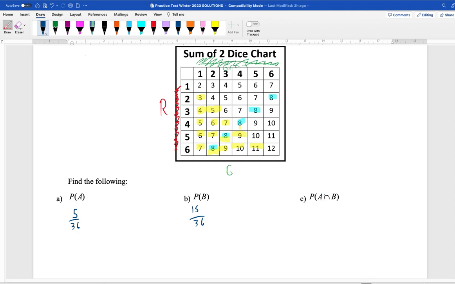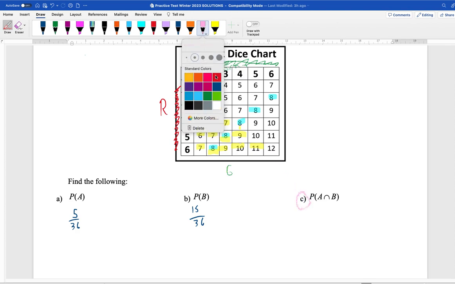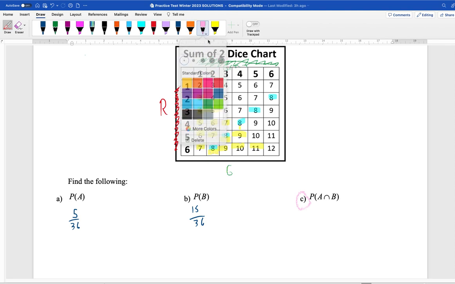Probability of A and B are these ones right here. So I'm going to draw that.